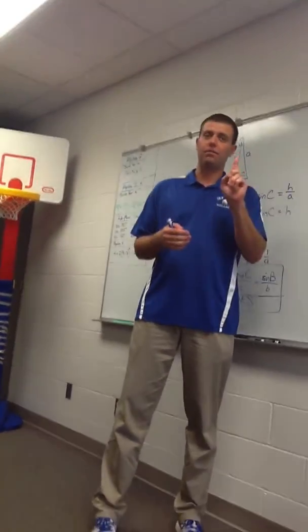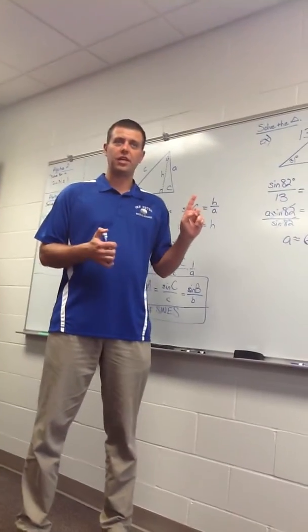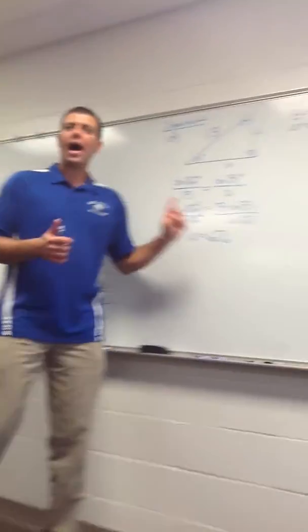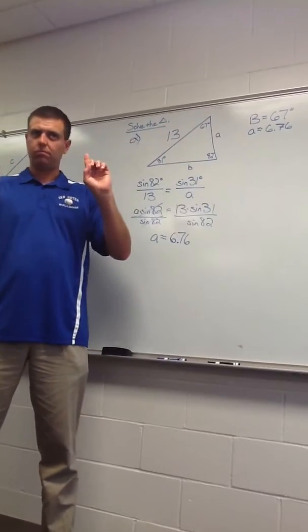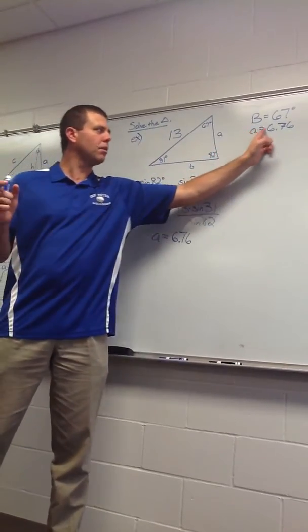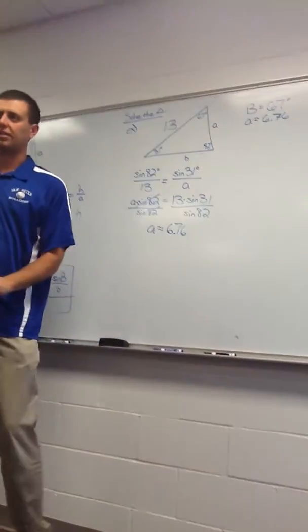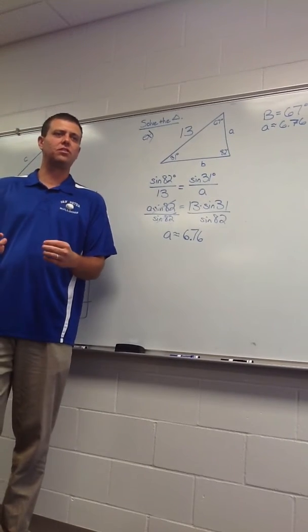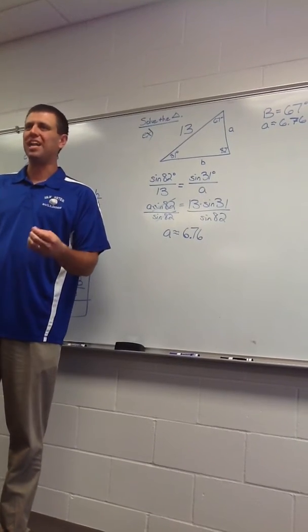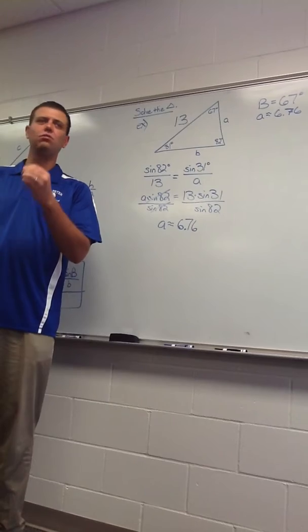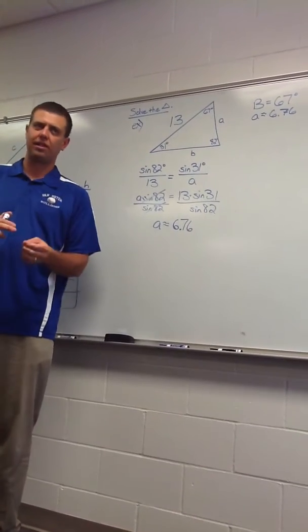Now, here's the thing. You don't have to, but I would avoid using 6.76, because 6.76 is a rounded answer. Try not to use a rounded answer to get another answer.